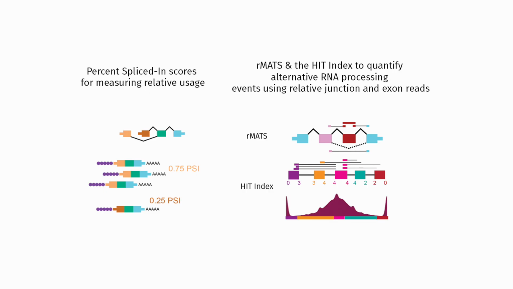And the HIT Index quantifies and classifies alternative first and last exons. It also has a metric by the same name, the HIT Index, that is used to classify exon type usage. So whether an exon is used as a first exon, an internal exon, or last exon. And we also use this as an alternative RNA processing metric here.